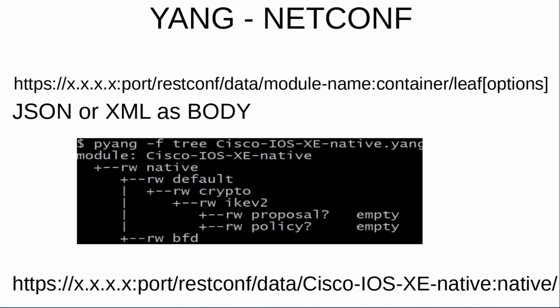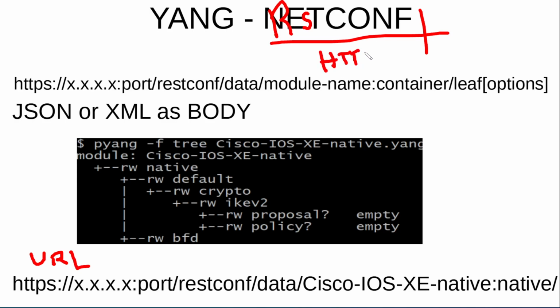If you want to use netconf, remember to map your URL, because remember that netconf, in this case, oh, this is wrong. This is restconf. So you want to work with restconf. And remember that restconf works with HTTPS. So you will need a URL in order to interact with your device. In order to build that URL, you will have to map the module name within the URL.